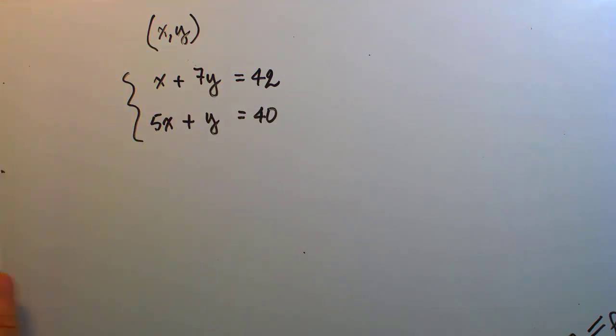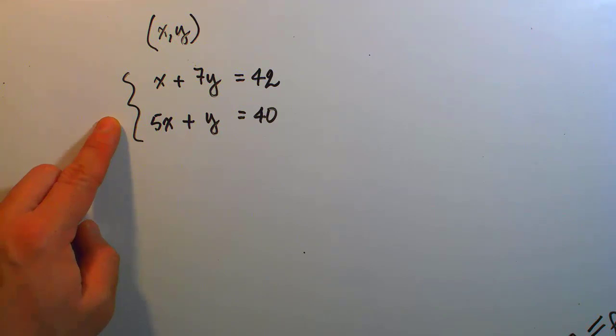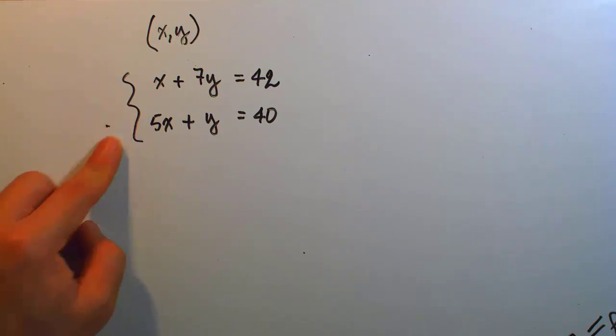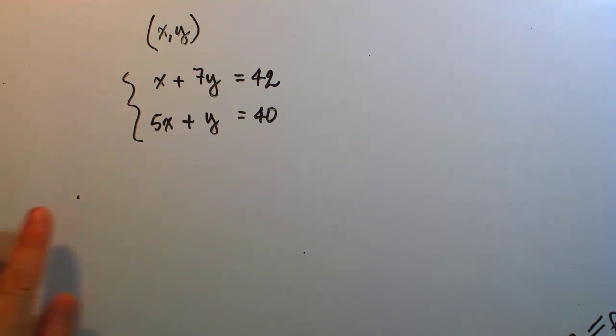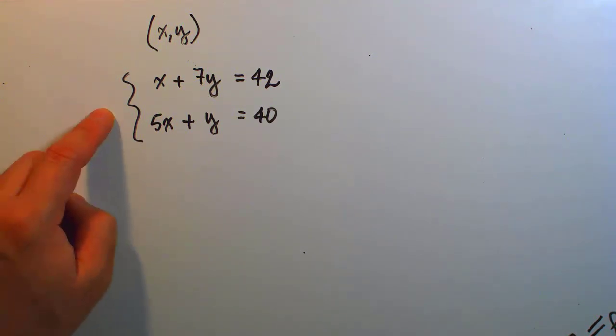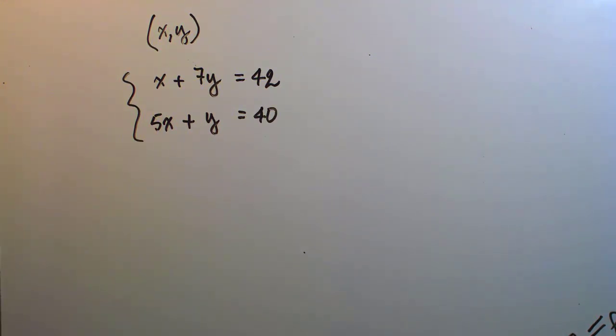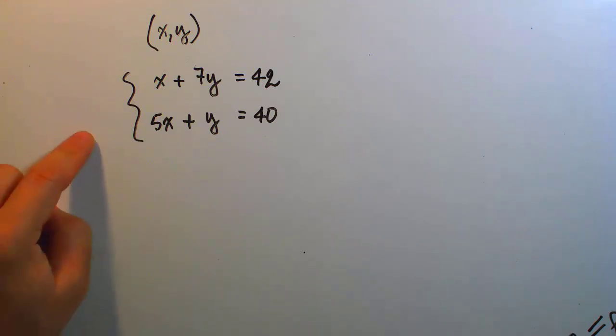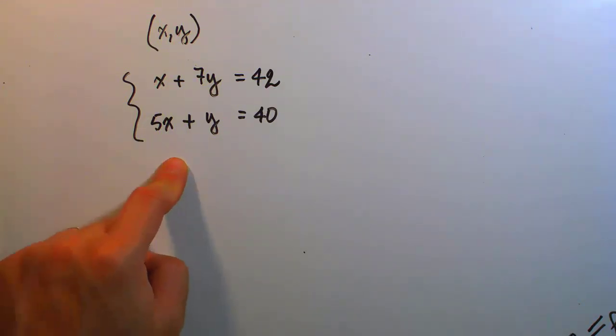And we have spent some time learning about how to solve a system of linear equations. I just need to remind anyone who is about to solve this system of equations, you have 3 different choices. Either you can solve by substitution method, or you can solve by the elimination method.